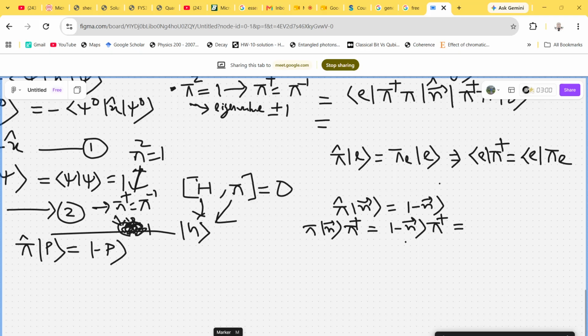So minus r into pi dagger, what will it give? Suppose here you put just approximately, you can write, sorry, this one you can write.